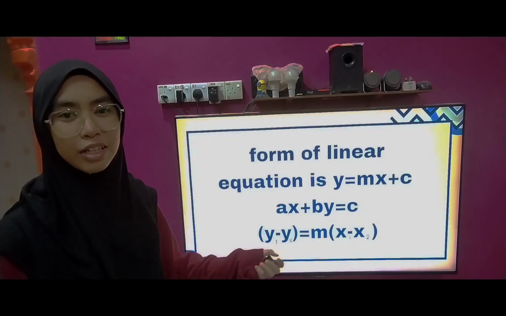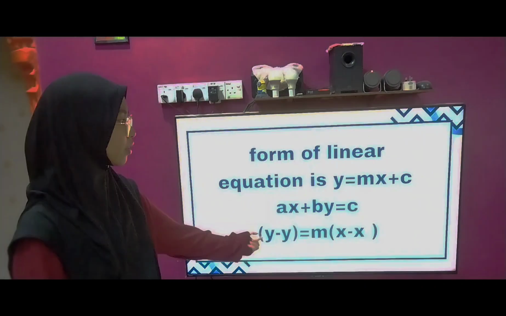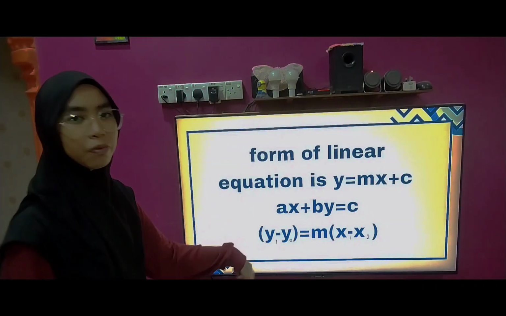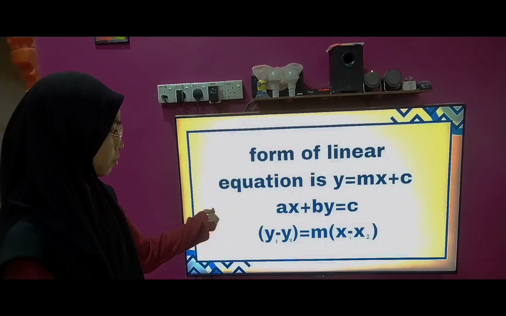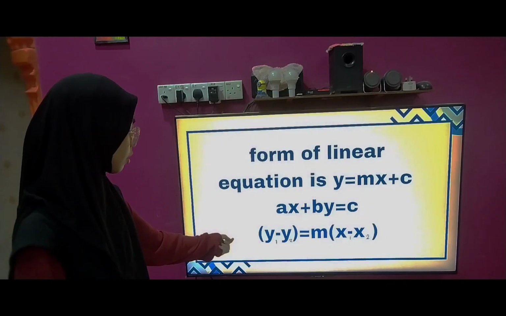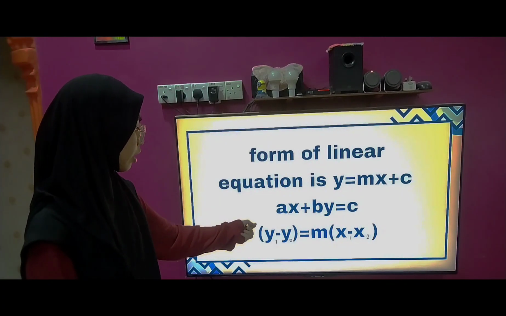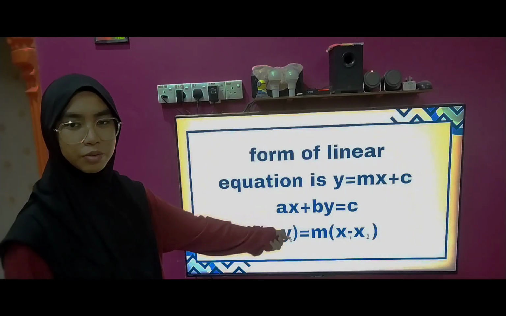How do you write the equations of the straight line? As you can see, you can write it in the form of y equal mx plus c, or ax plus by equals c, or y1 minus y2 equal m times x1 minus x2.